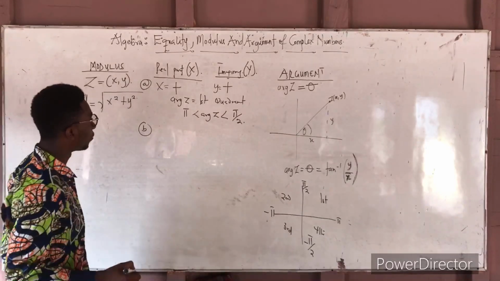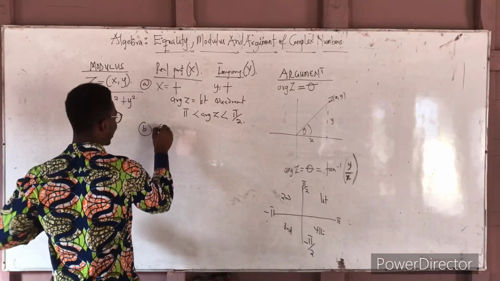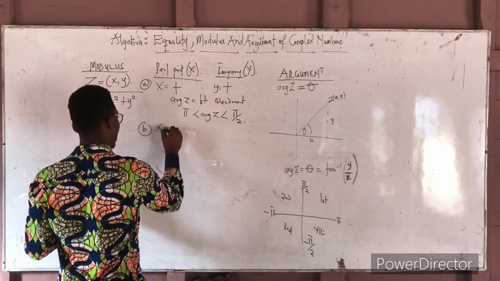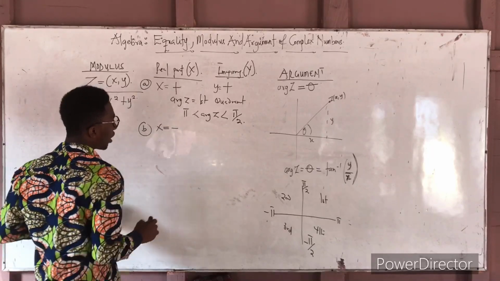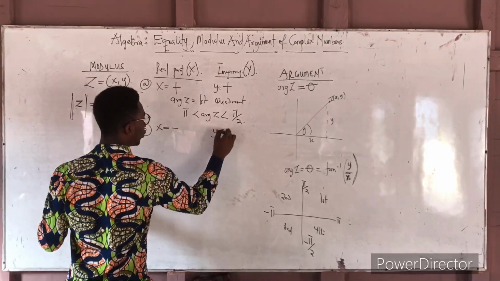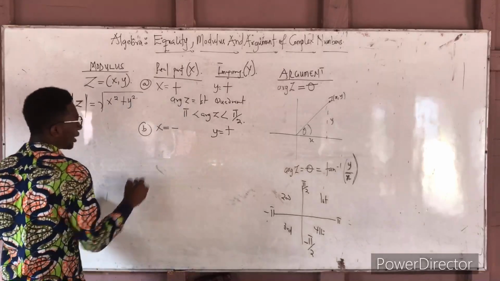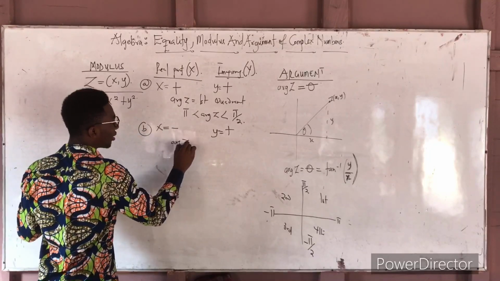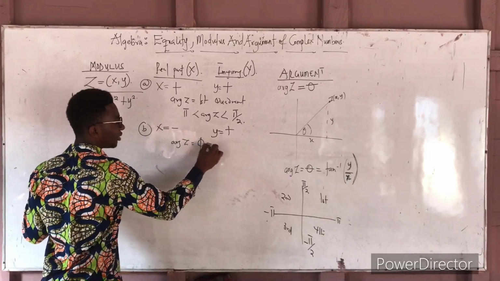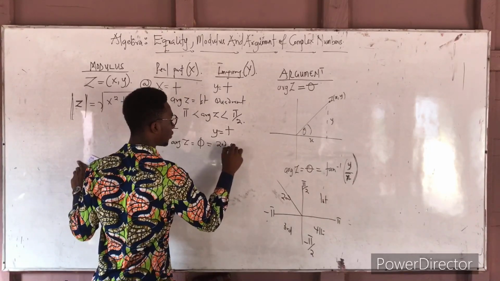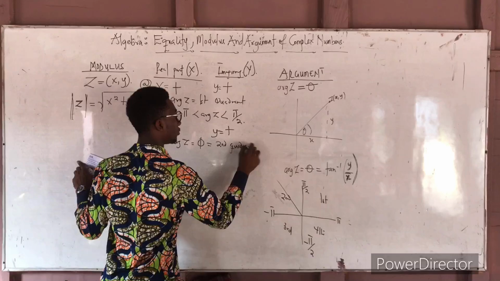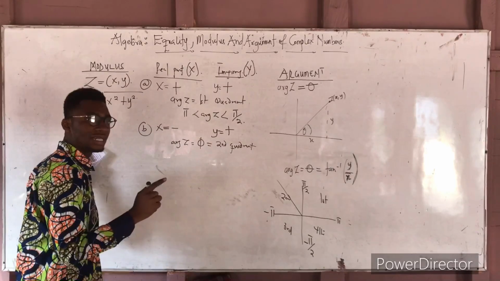The second point you are supposed to take note of. Anytime you have the x part of the complex number to be negative, and you have the y part positive, then the argument or the angle theta will always lie within what? The second quadrant.